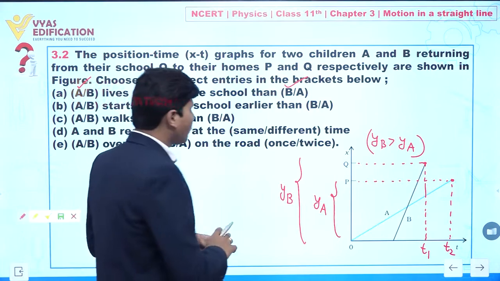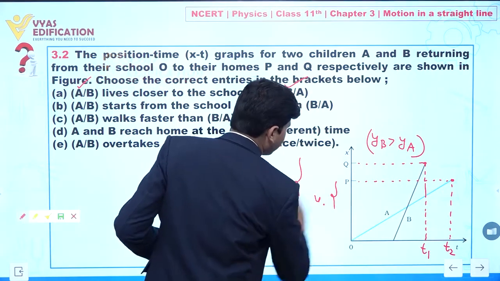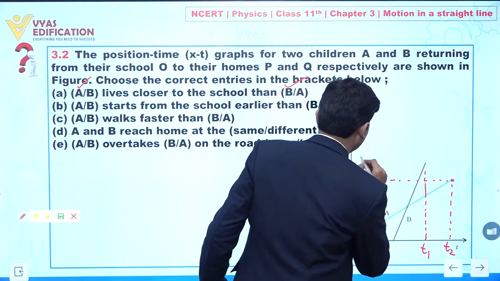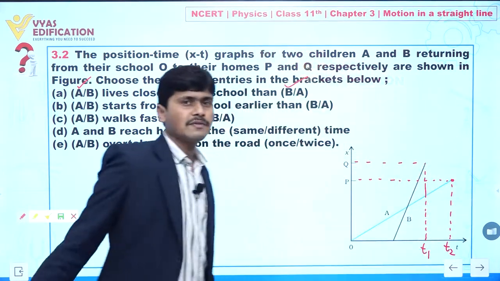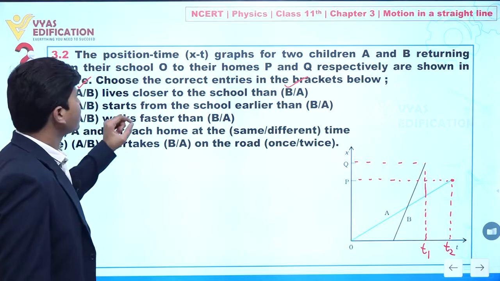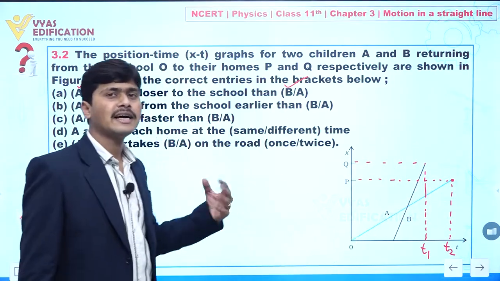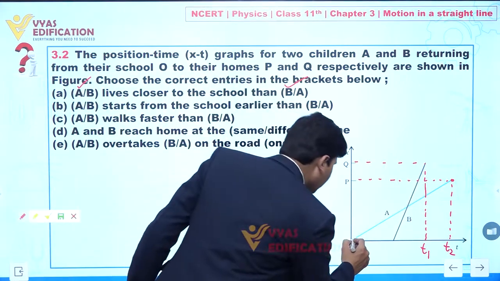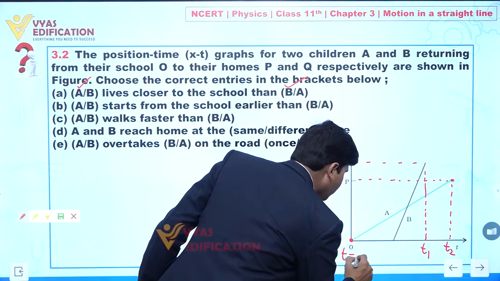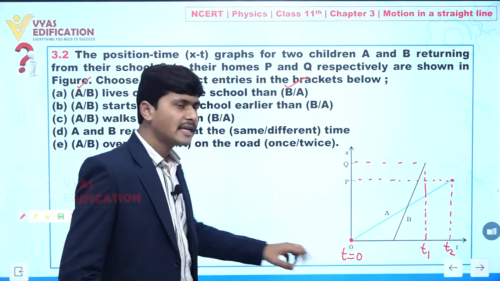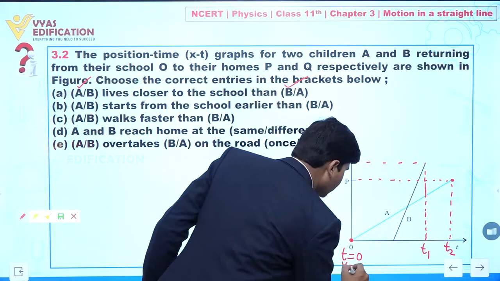Now let's concentrate on part B. Listen carefully. A starts from school earlier than B. It means we have two children, and which one started earlier? At t equal to 0, for child A we have x equal to 0.